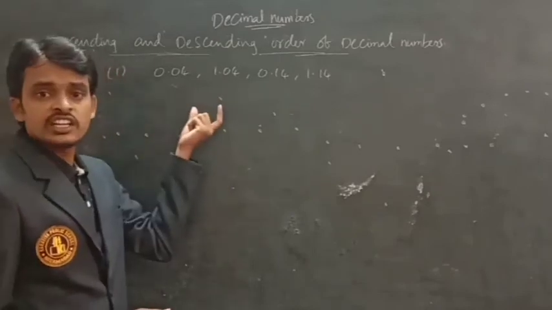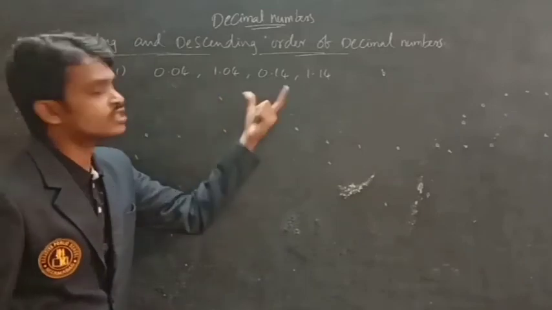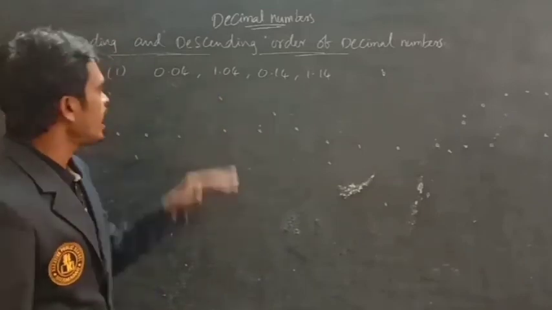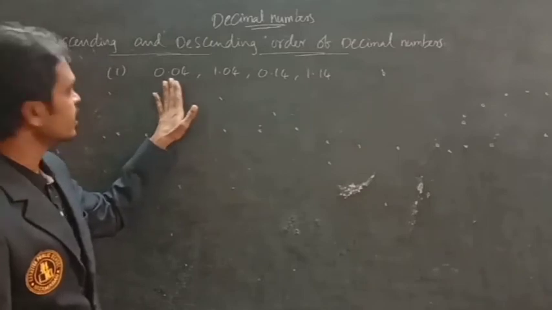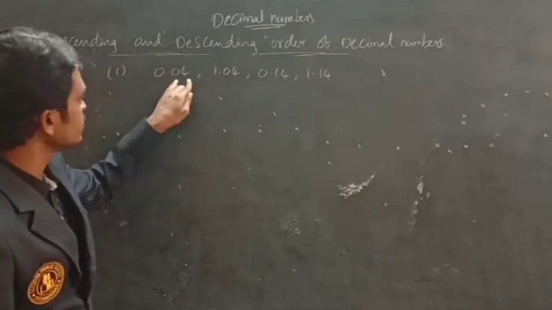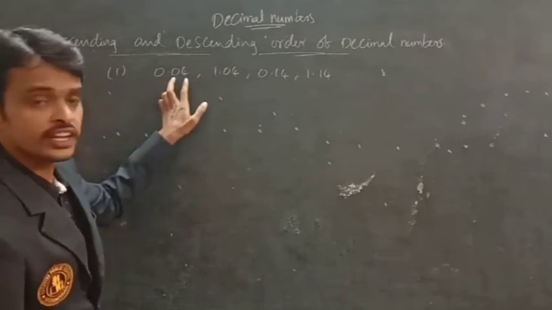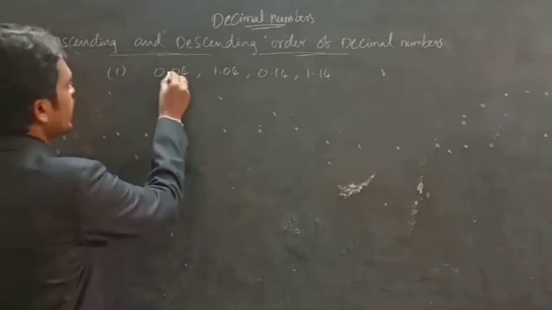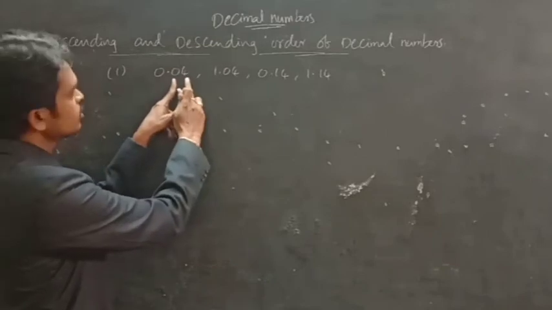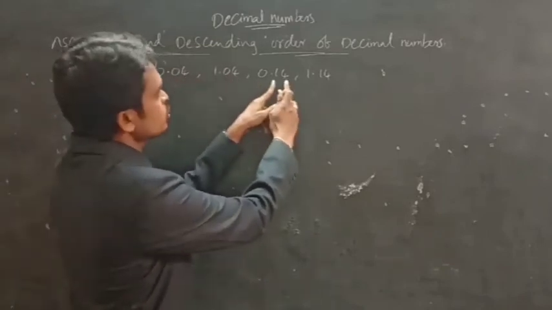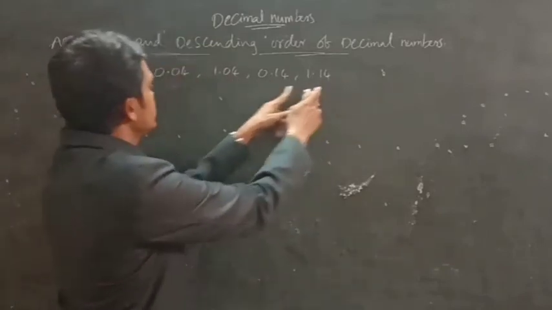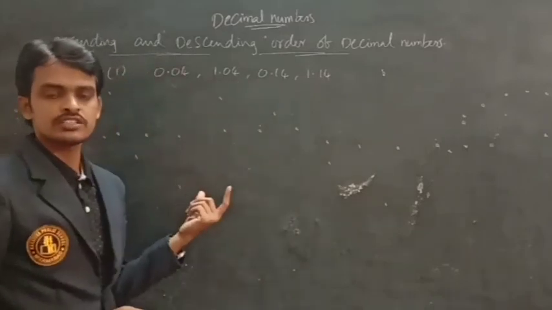First let us check whether these are like decimals or not. Why? Because after the decimal point, here there are two numbers, and here also two numbers. So these are all like decimals.